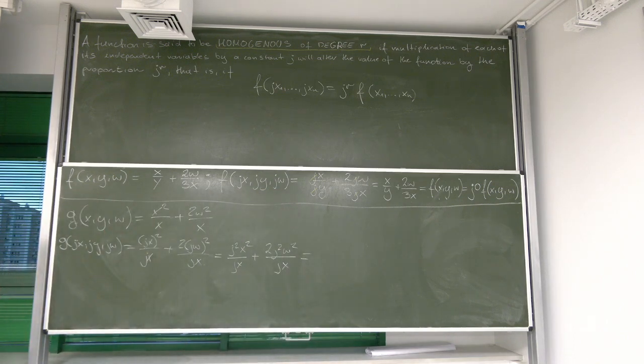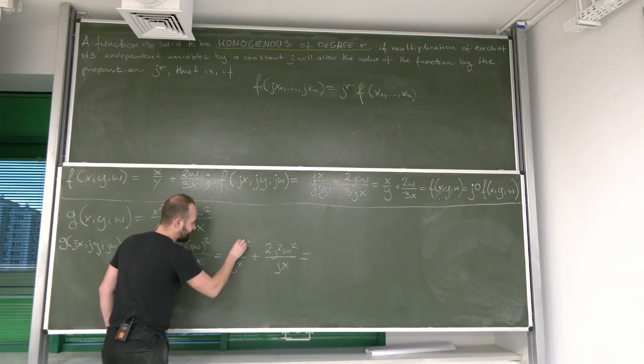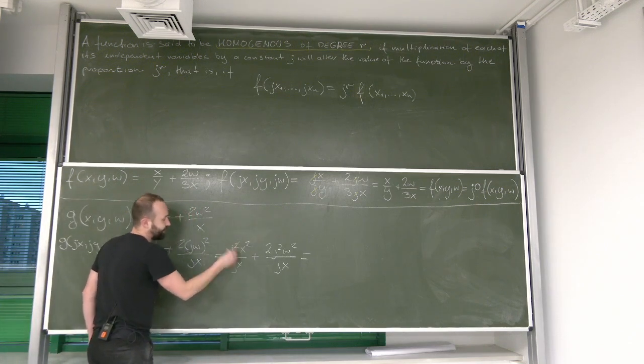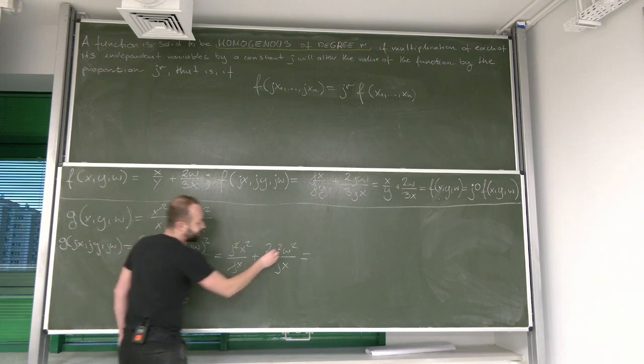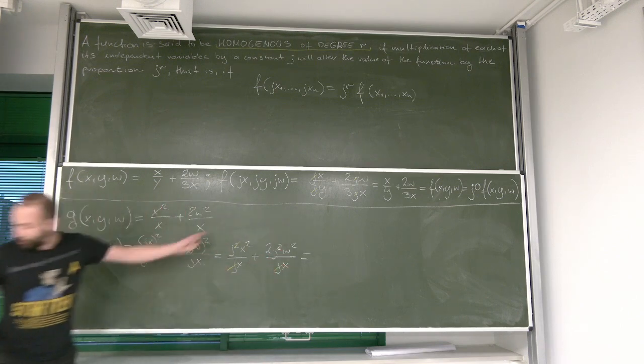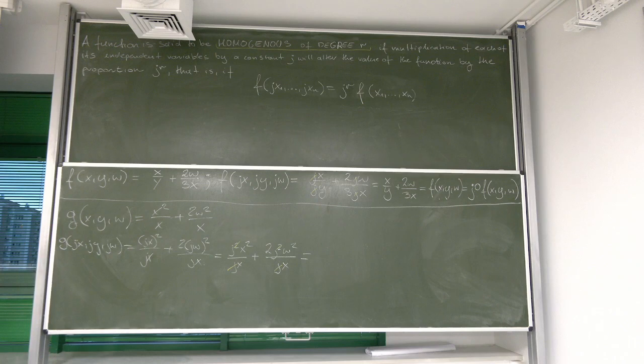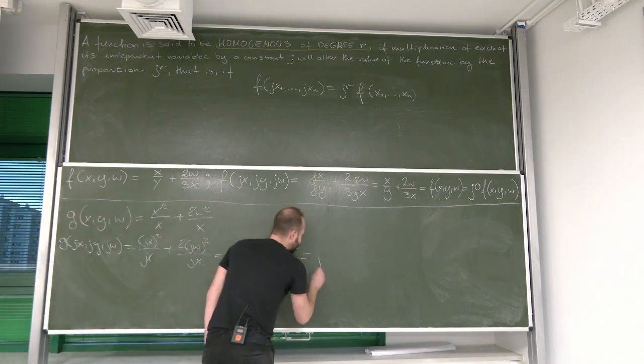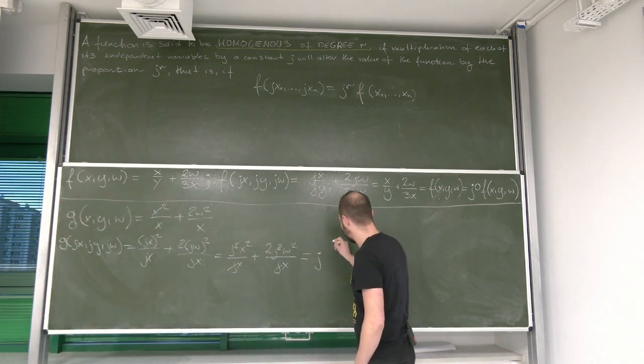Again we see that some things are canceling each other out, this time the squares when j is in the numerator with j in the denominator. So we see that we've got j in each of these components, and we can take j out of the parentheses.